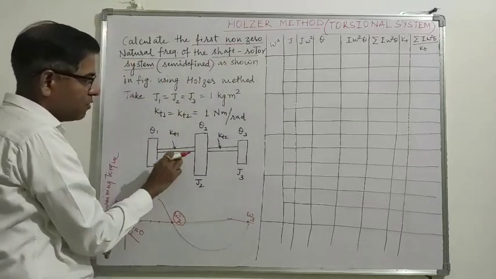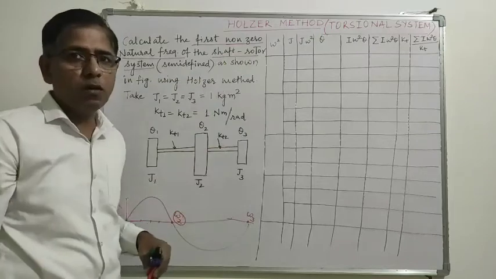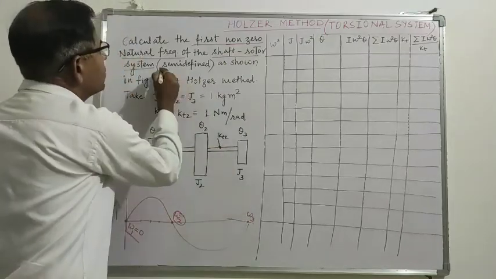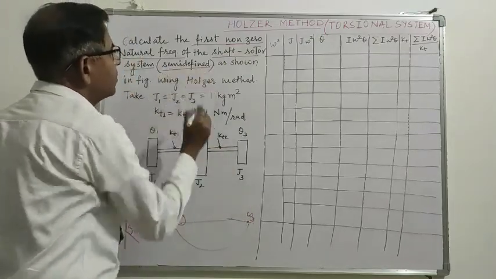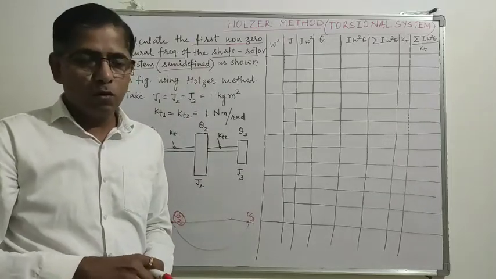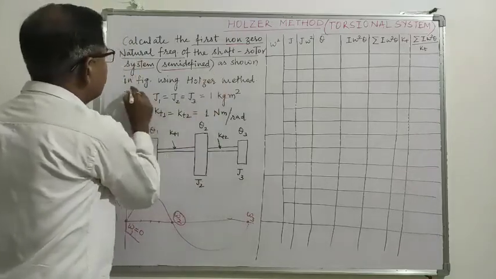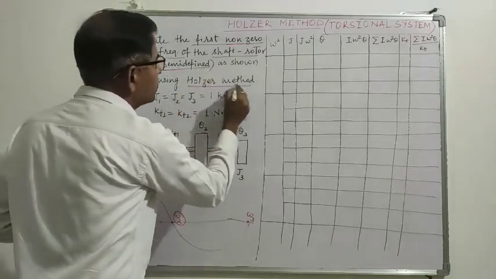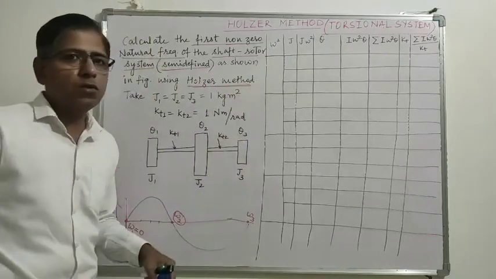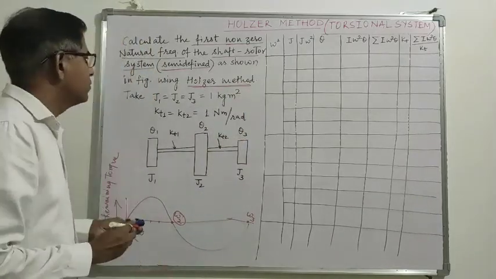This is a shaft rotor system. This is a shaft, and these are the three rotors mounted on the shaft. It is also known as a semi-definite system, as shown in the figure. Here we need to find the natural frequency using the Holzer method.